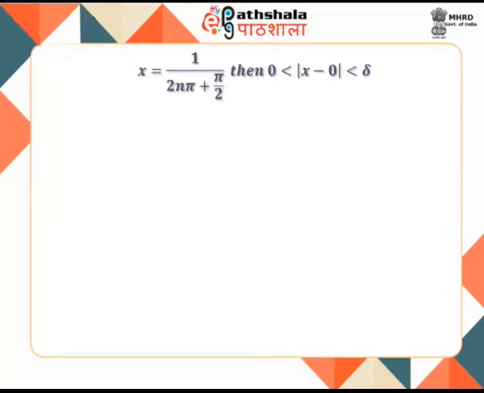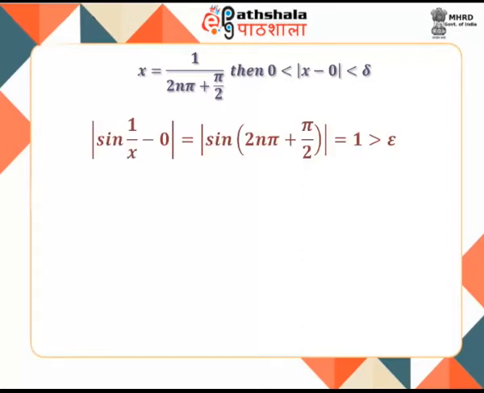Let x is equal to 1 by 2n pi plus pi by 2, then 0 is less than modulus x minus 0 is less than delta. Now modulus sine 1 by x minus 0 is equal to modulus sine of 2n pi plus pi by 2, which is equal to 1, which is greater than epsilon.